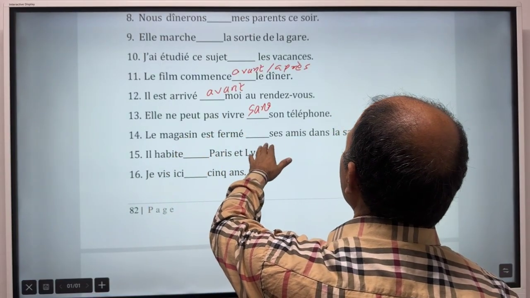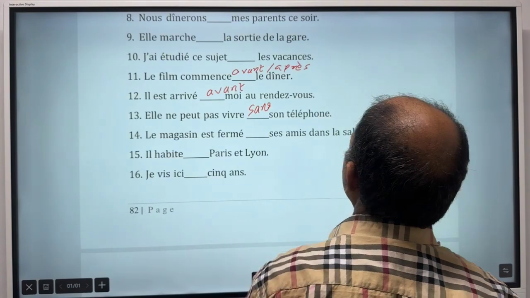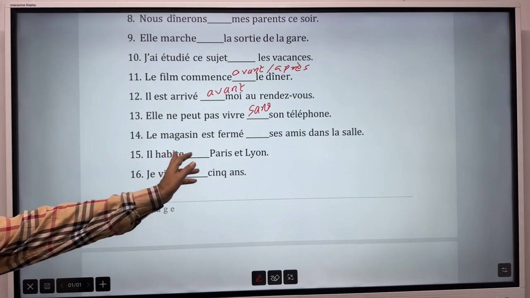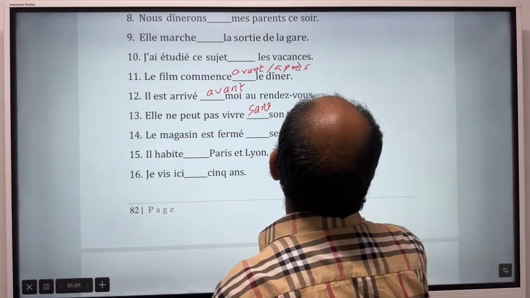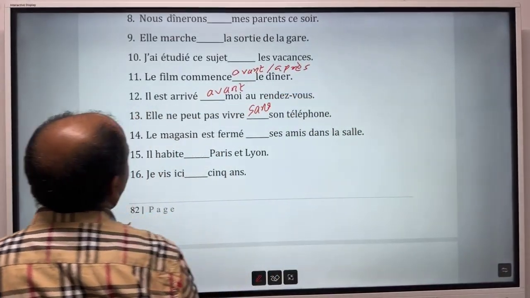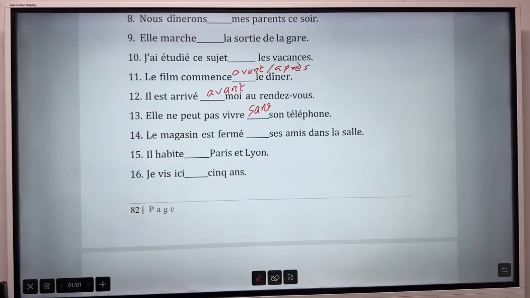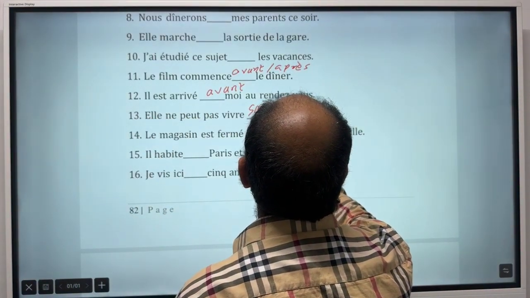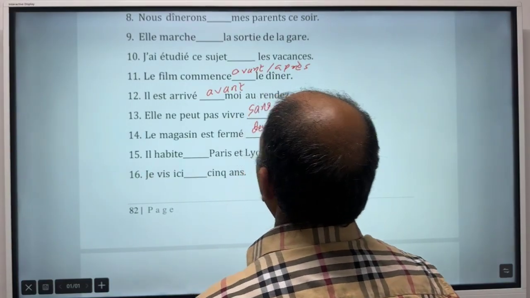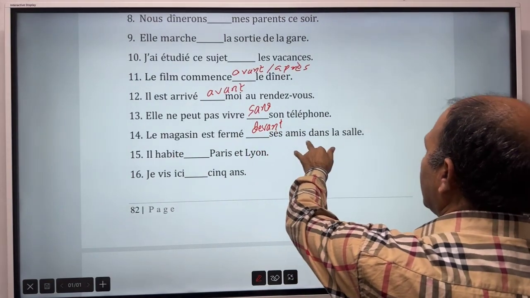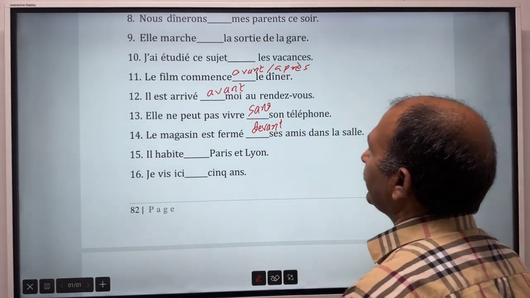Le magasin est fermé devant ses amis dans la salle. The shop is closed in front of his friends in the room.